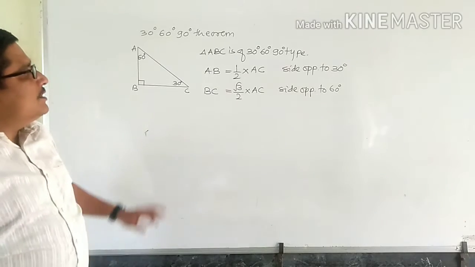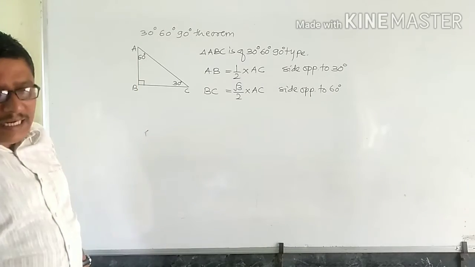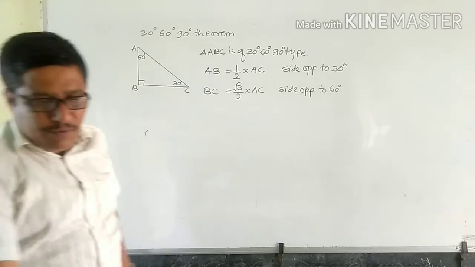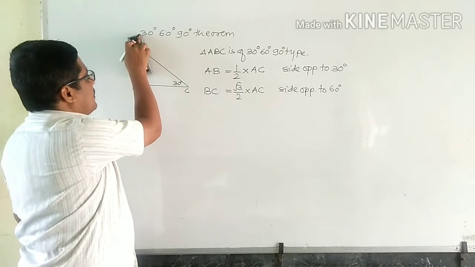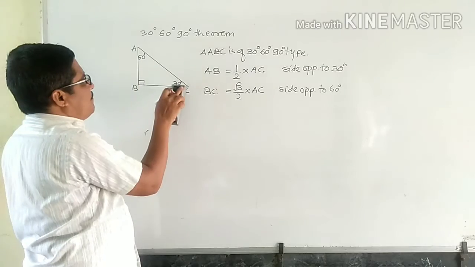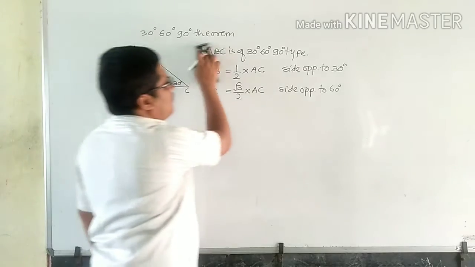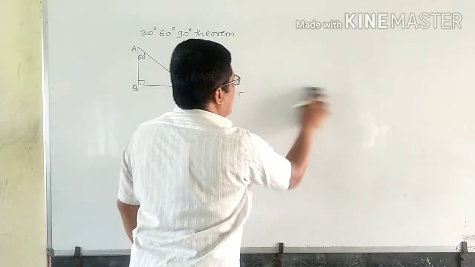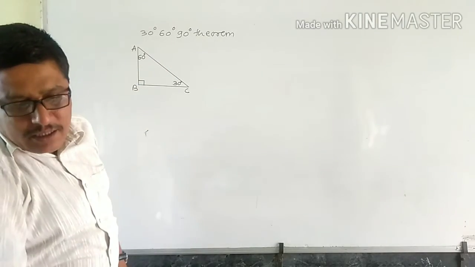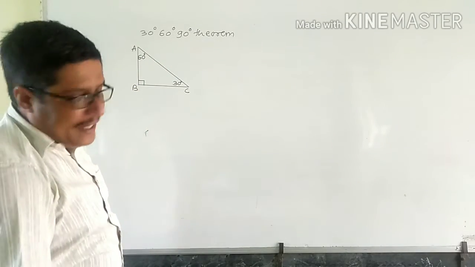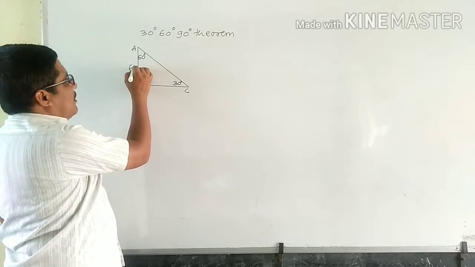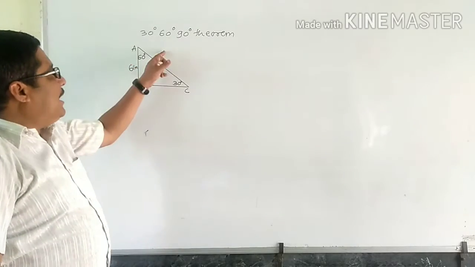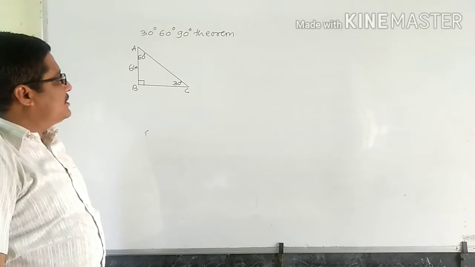So in this way, this is the 30, 60, 90 theorem. Now we will take an example regarding the 30, 60, 90 theorem. If I write the length of side AB as 6 centimeter, then we will find out the remaining two sides.